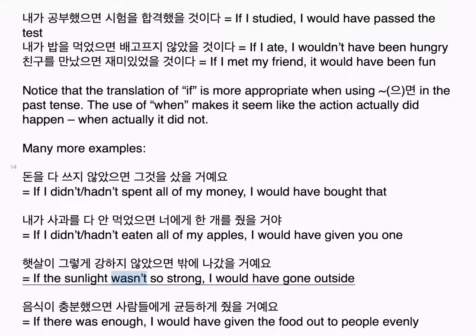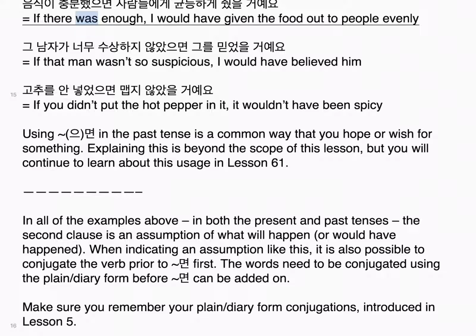If the sunlight wasn't so strong, I would have gone outside. 음식이 충분했으면 사람들에게 균등하게 줬을 거예요. If there was enough, I would have given the food out to people evenly. 그 남자가 너무 수상하지 않았으면 그를 믿었을 거예요. If that man wasn't so suspicious, I would have believed him. 고추를 안 넣었으면 맵지 않았을 거예요. If you didn't put the hot pepper in it, it wouldn't have been spicy.